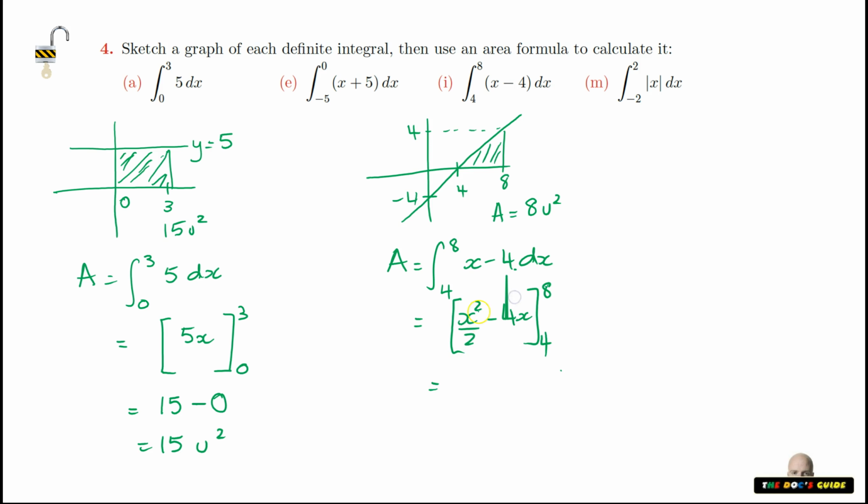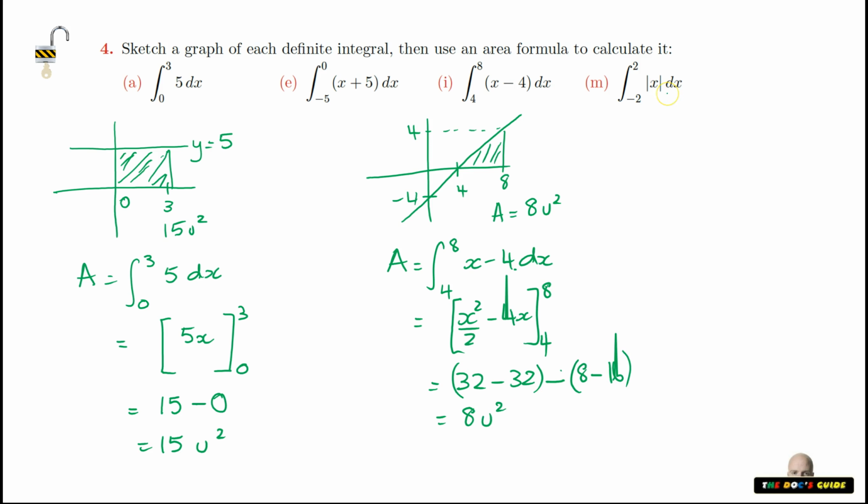Plug the 8 into that, so that will be 64 on 2, which is 32, minus 4 8s are 32, minus, plug the 4 into that, so that'll be 16 on 2, which is 8, minus 4 4s are 16. And when I simplify that, that will also give me 8 square units.